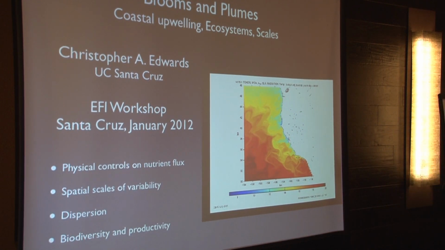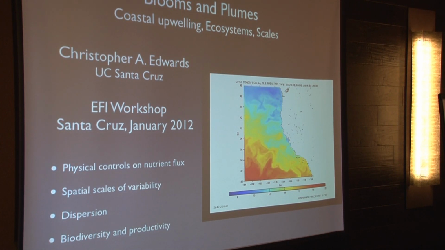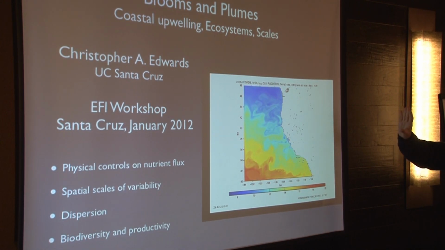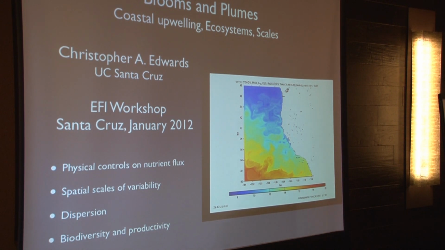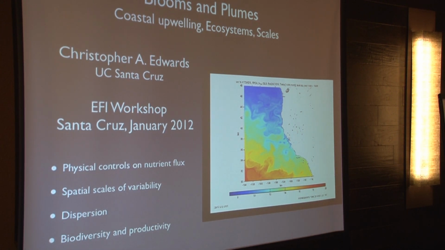And this represents the domain over which we have very good atmospheric forcing for running models of this type. I'll be talking about aspects of this model as well as more simplified or coarser resolution model output, but that's the context that I'm thinking about the circulation in.